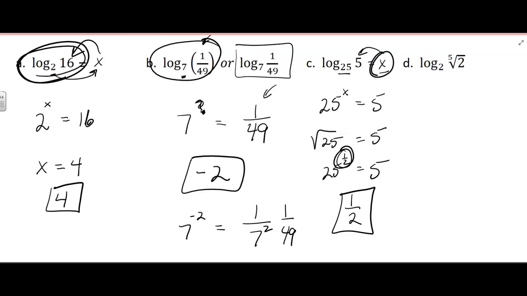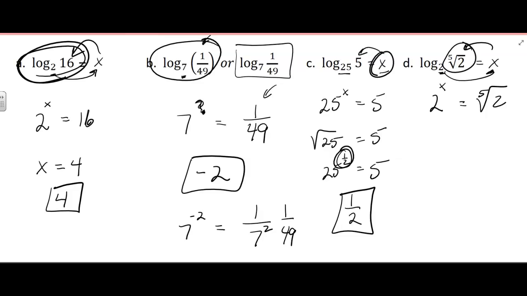Okay? So they call this doing these by inspection. I'm trying to give you a little more information on how to approach it, but it's not necessarily easy. Okay. Next one might be a little bit easier. We'll see if you like it. So you have this logarithm that you're trying to evaluate, and it equals something, say x. Well, then if you write it in exponential form, it's 2, there's the base, to the exponent, you go over here and get the exponent, equals the 5th root of 2. It equals the argument right there, okay?